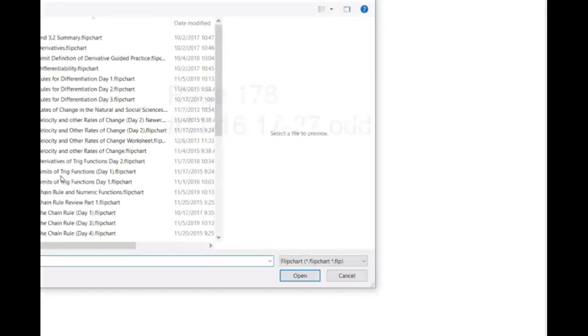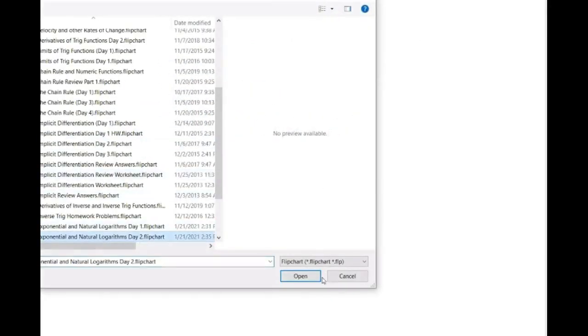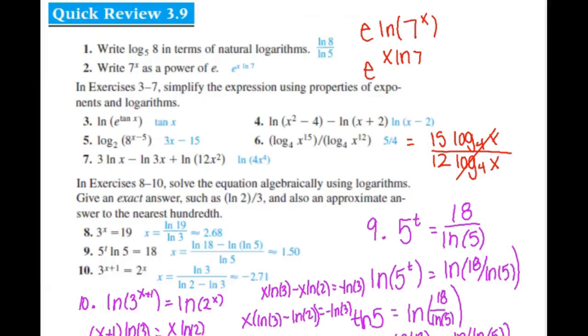And speaking of going over homework, since we did the 3.9 quick review out of order, if you'd like to see the answers to the 3.9 quick review, they are up on the board as well. So I've checked those homeworks.